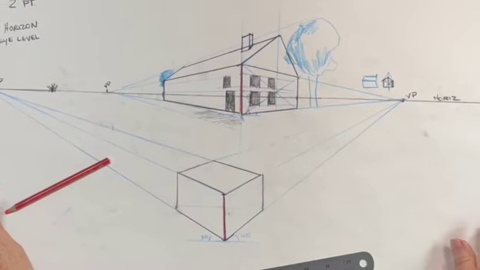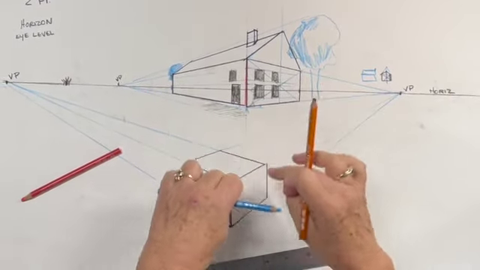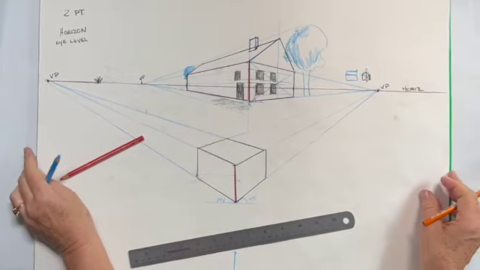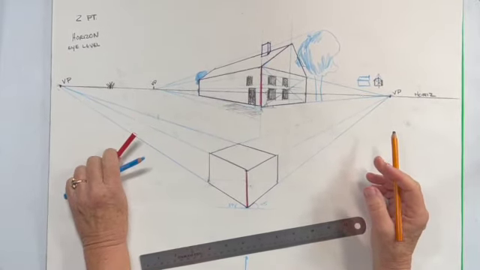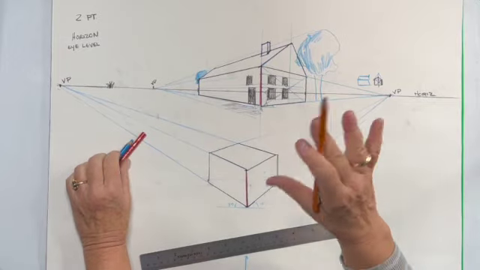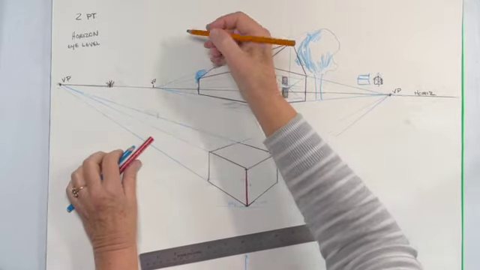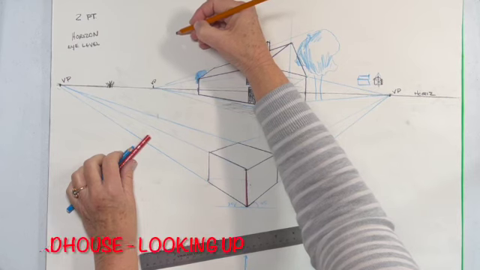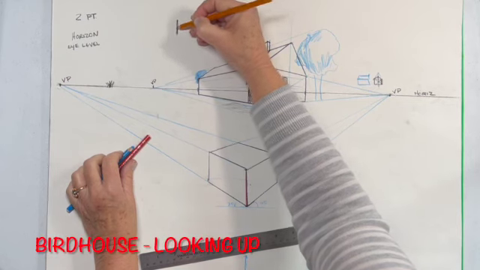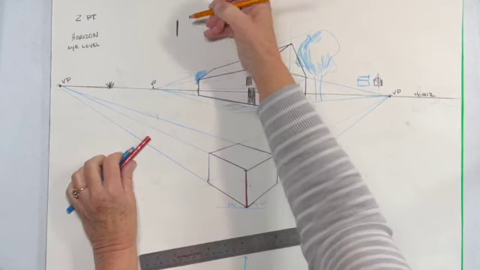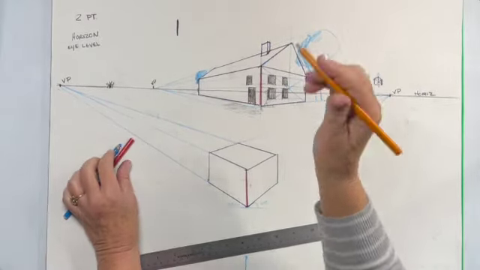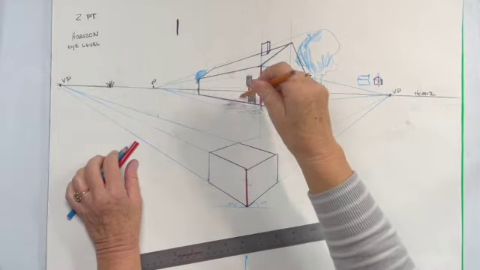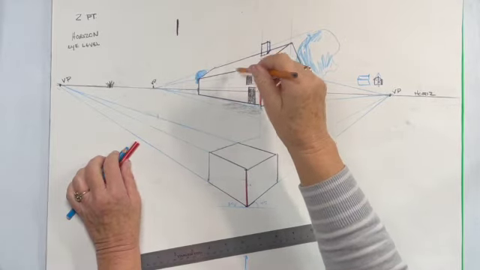One more little thing. Those are the two most common usages of this two-point perspective. Let's determine if we had a, totally separate from this, a birdhouse much closer to us. But here's the edge of that birdhouse. Now we're looking up at this cube. We're looking up to it. And I'm going to say it's totally parallel to this house.